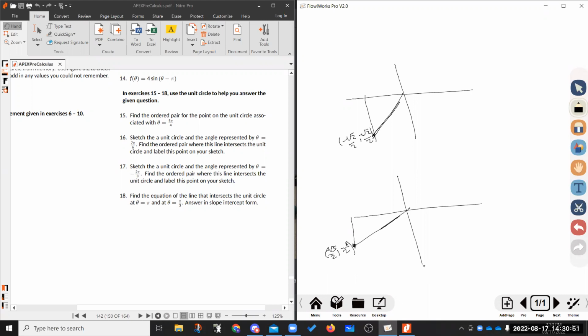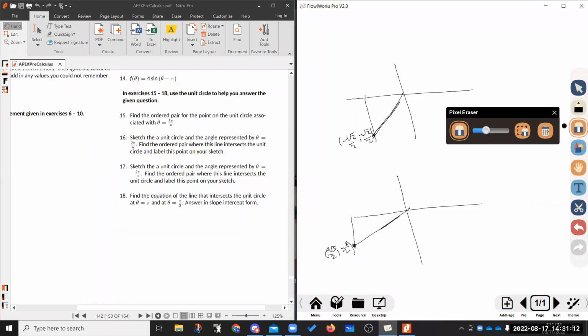Find the equation of the line that intersects the circle at theta equals pi and at theta equals pi over 3. Answer in slope intercept form. So, okay.